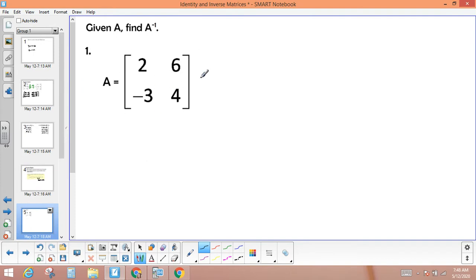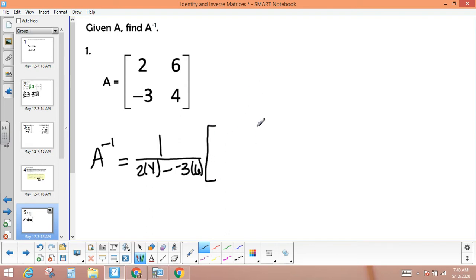All right, so if I give you this as A, to find the inverse of A, you are going to do 1 over the determinant. Remember the determinant is this diagonal, so 2 times 4, minus this diagonal, so negative 3 times 6.